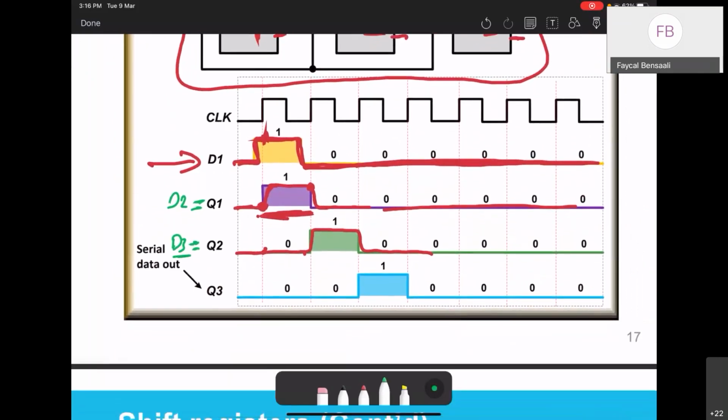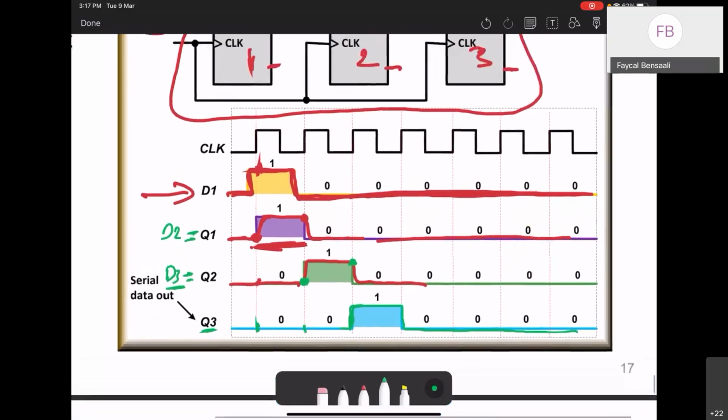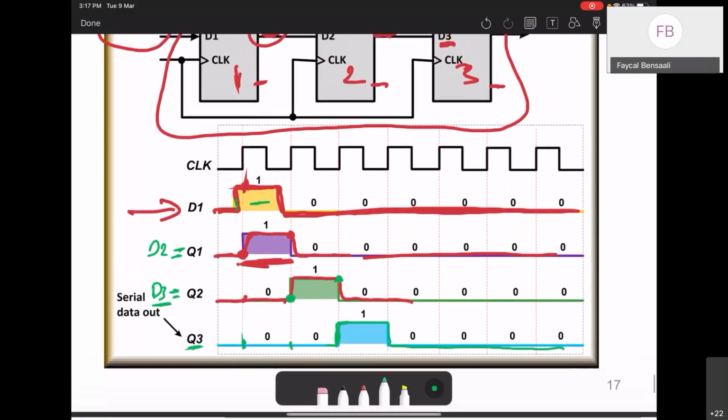Now D3 is here, and I want to find Q3. So again, I will work with the rising edge. So it's 0 here, it's 0 here at this point, and then it's 1 here, so it goes to 1. And then that's it.